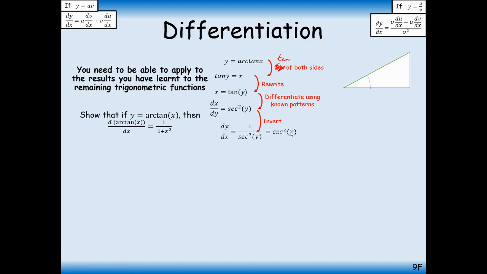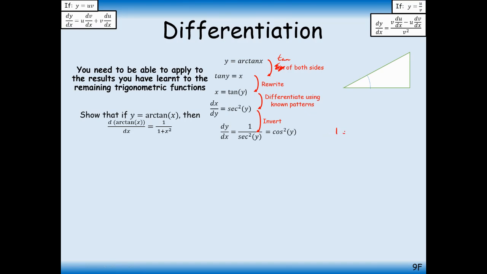We already know that 1 over secant squared is simply cos squared of y. But there is no y in our answer, everything is in terms of x. So we need to do some work around this question using trigonometric identities.